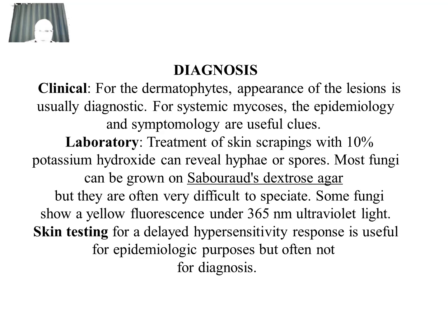In the laboratory, treatment of skin scrapings with 10% potassium hydroxide can reveal spores, confirming the disease. Most fungi can be grown on Sabouraud agar, but they are often very difficult to isolate. Some fungi show fluorescence under ultraviolet light, and skin testing for delayed hypersensitivity is of limited use for diagnosis.